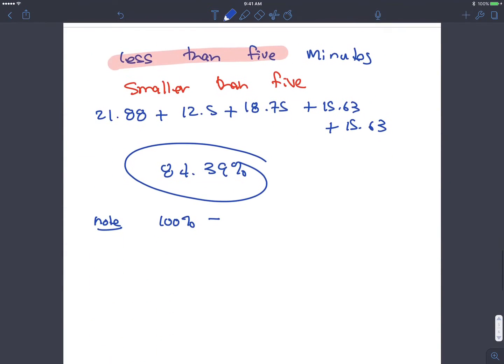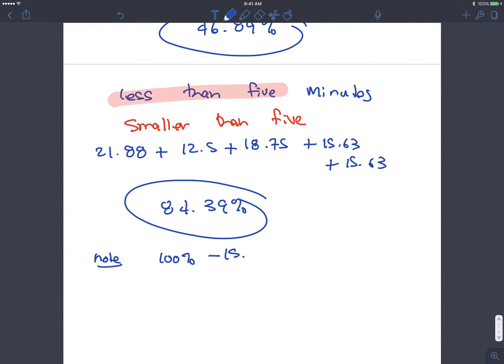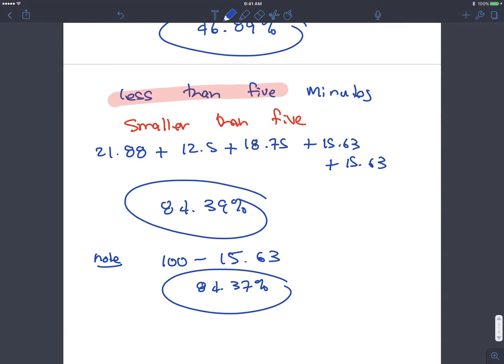So 100 minus 15.63, we end up with 84.37%. This would be an acceptable answer as well.